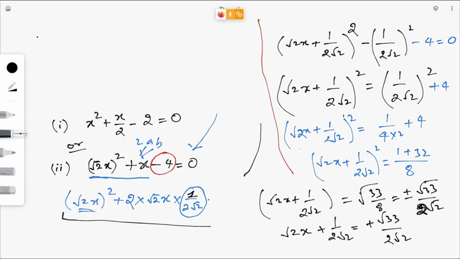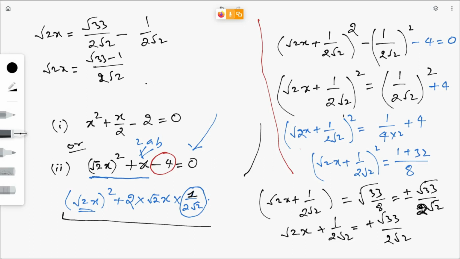Okay, so again root 2x is equal to minus 1 by 2 root 2. Root 2x is equal to, if you take LCM here, 2 root 2, root 33 minus 1.